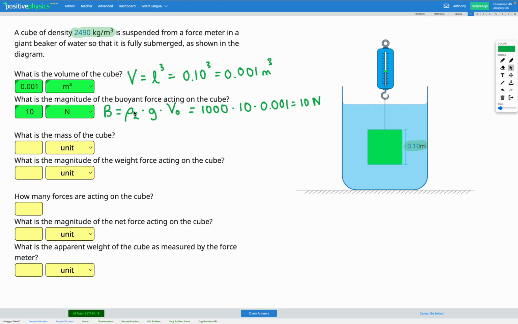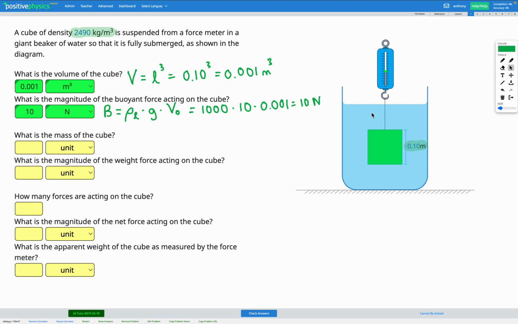So we can see here, for a buoyant force, the things that affect it are the density of the liquid, here that's water, g, which is always 10 on the surface of Earth, and the volume of the object. So the bigger an object is, the more volume it has, the more water it displaces, that increases the buoyancy force.